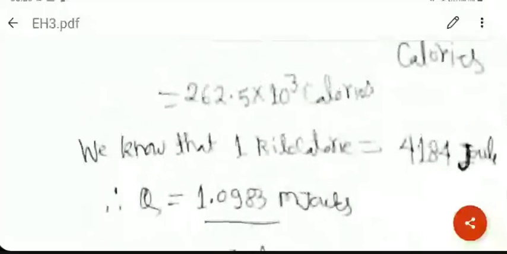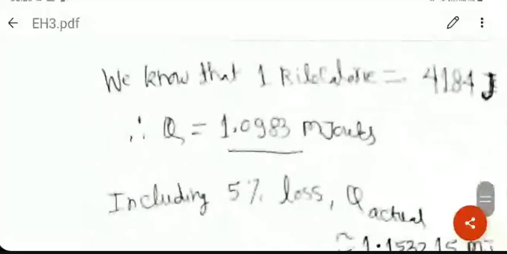Now you need to be aware that 5% loss is there. So actual number that you would supply will be 5% higher than this number. So multiply this number 1.0983 megajoule by 1.05 to get the actual heat energy input in 10 minutes. So you get 1.153215 megajoule.